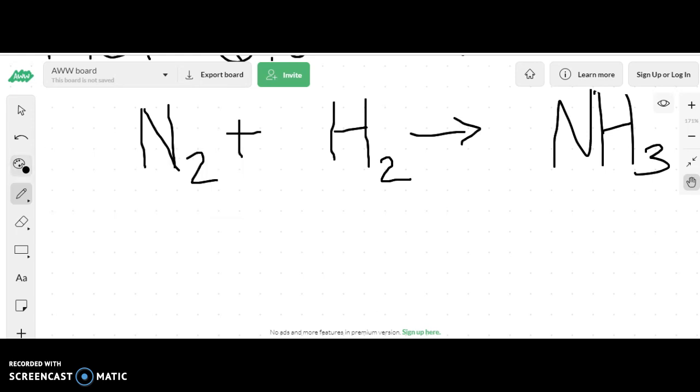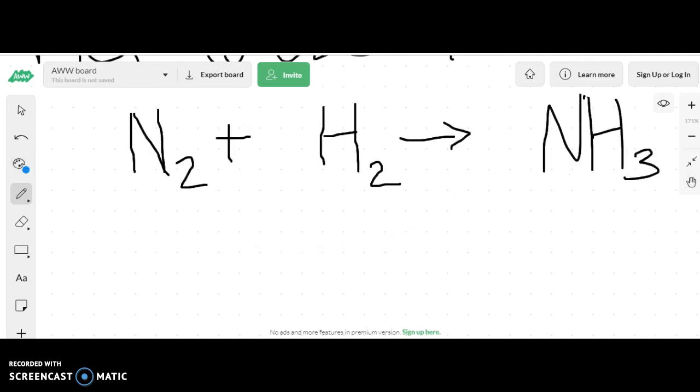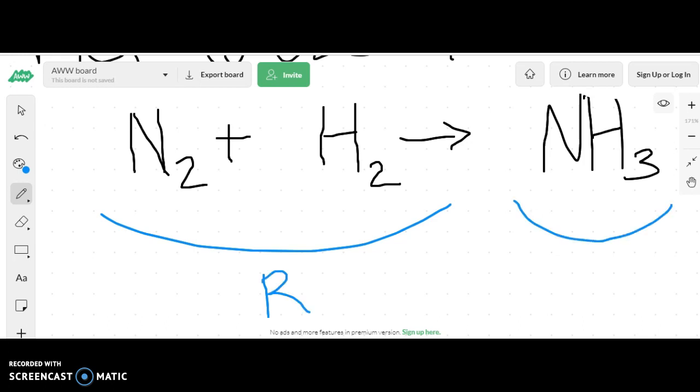To do this, we want to first look at the reactants. Our reactants are on the left side this time, and our products are on the right side. I'm putting R for reactants and P for products. So we see that we have 2 nitrogens and 2 hydrogens.